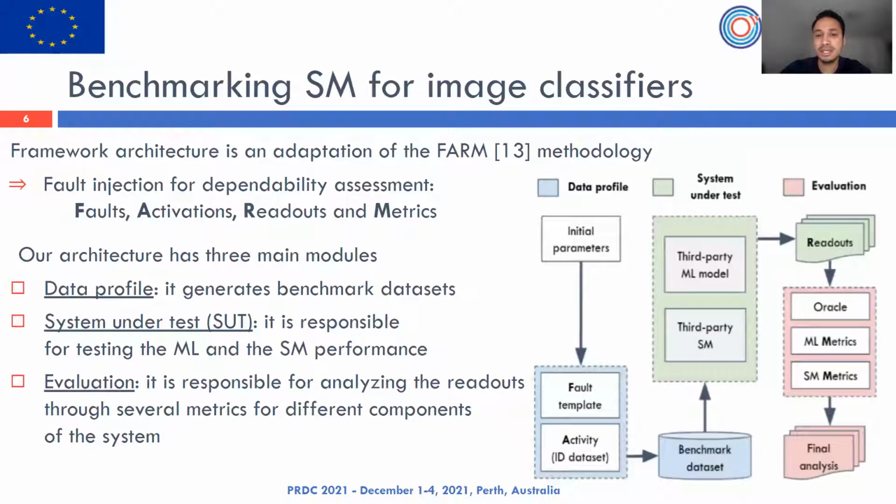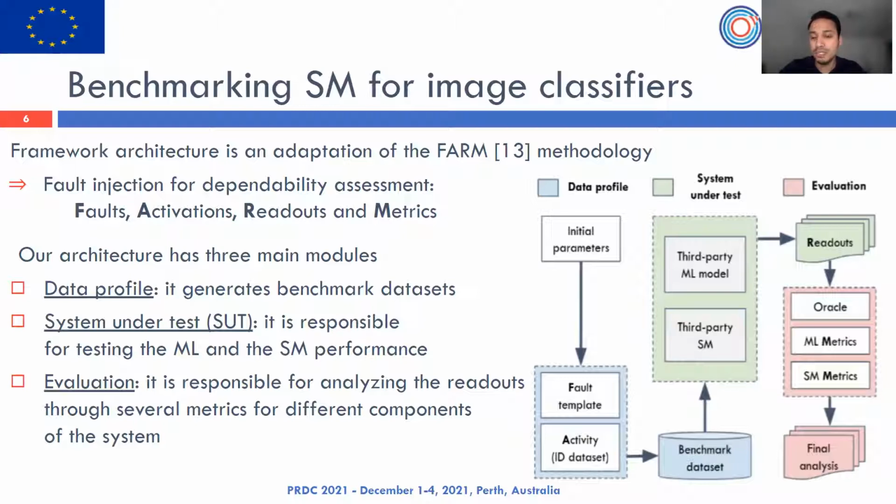So this is the high-level picture of the architecture, and it's quite simple to understand. The first module is the data profile, where we generate the benchmark data sets using the original data set that was used to train the machine learning model, and apply a fault template to make the transformations on these data sets.